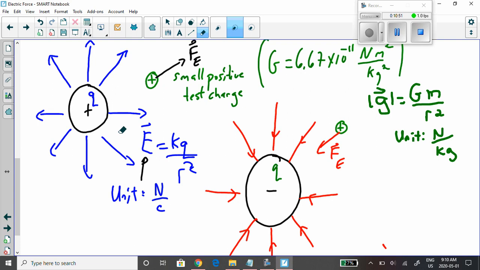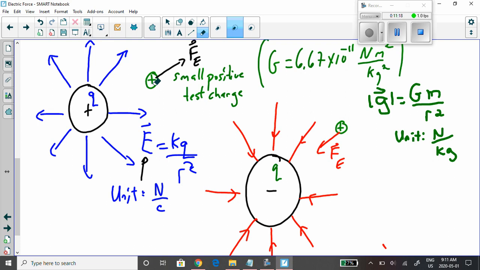So if you want to investigate the electric field around a positively charged object, you would put a small positive test charge there. Positive and positive repel, so this small positive test charge would feel an electric force away. There would be a repulsion there. The arrow was pointing out.